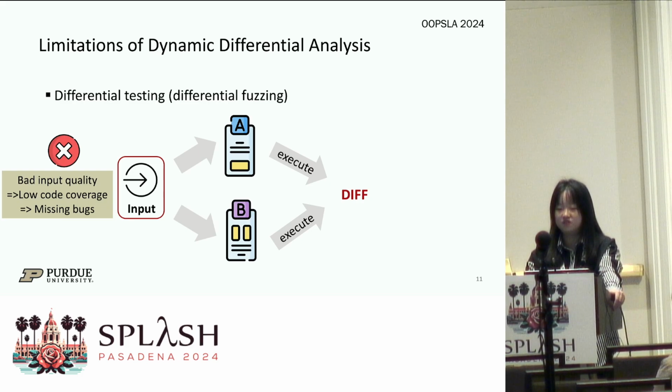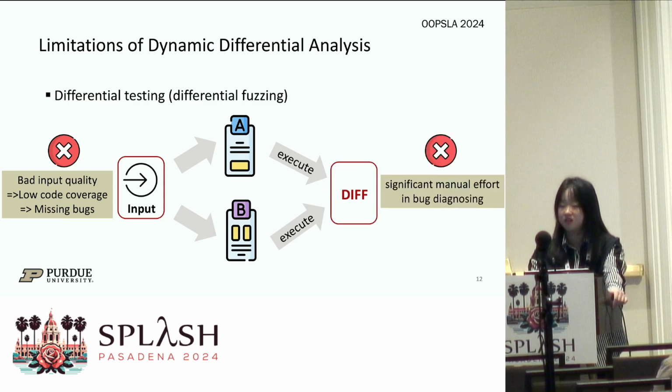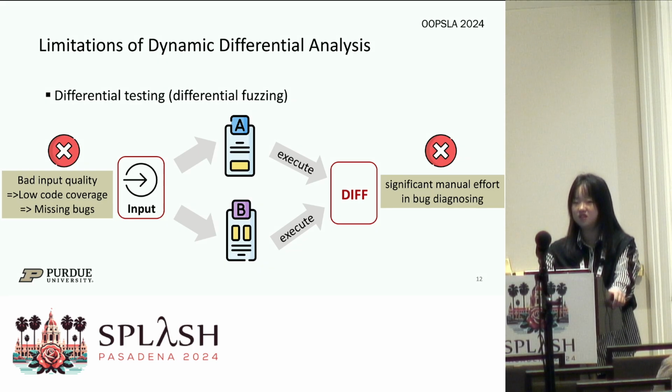And this is actually very difficult because many validation checks in network protocol parsing are very complex. So this may lead to missing a lot of bugs. Another thing is that when differences are found, they don't directly point out where the buggy code is, and it requires a lot of manual effort to check where the buggy code is located inside the source code.